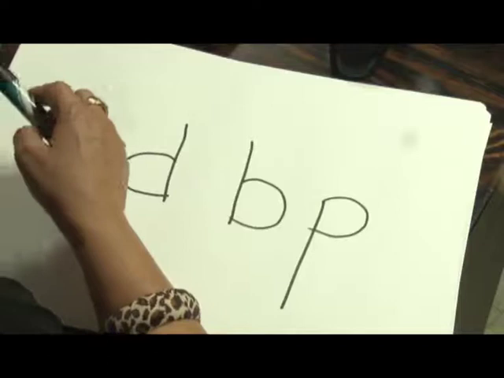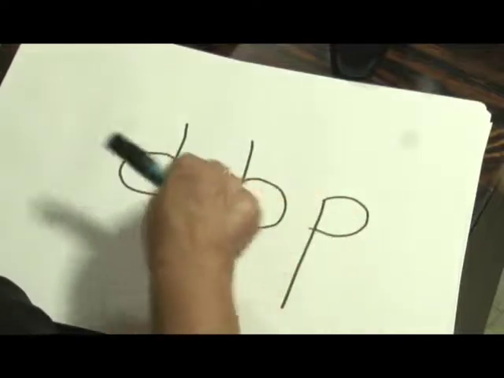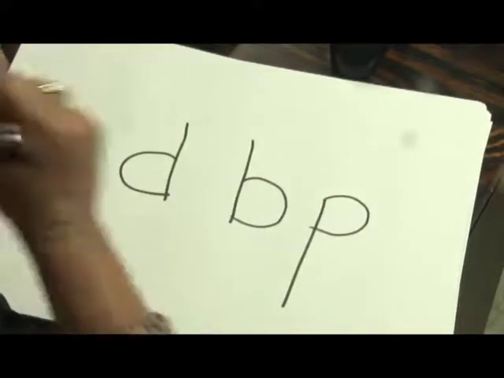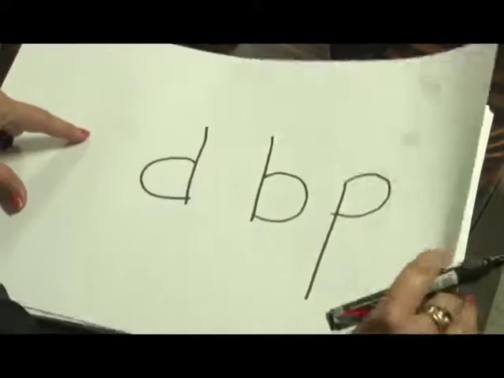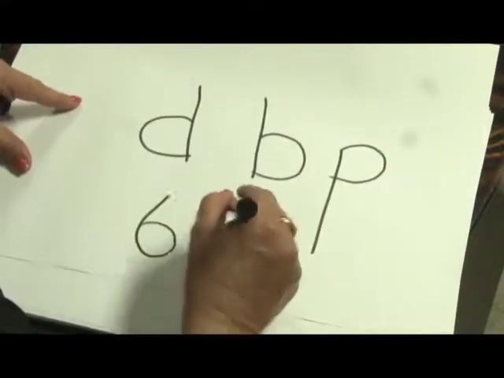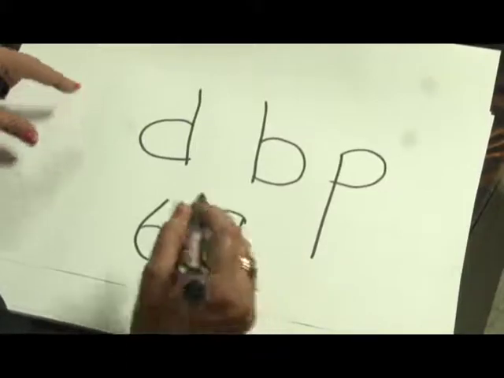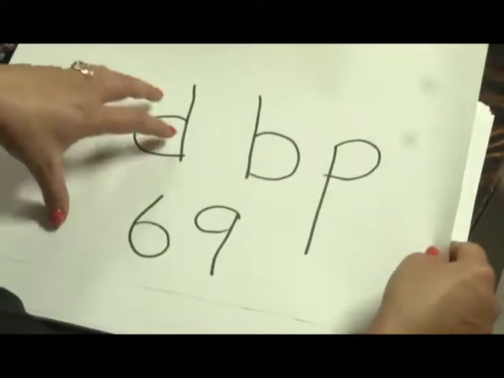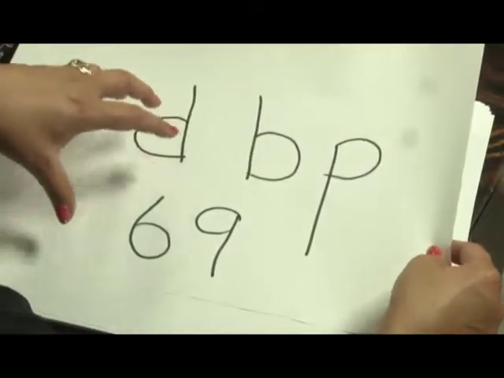So they have to be able to distinguish the differences and the similarities between these letters. Also between the numbers, the different numbers. Maybe 6 and 9. So these are all the reasons why learners need to be able to distinguish visually between things that are different and things that are similar.